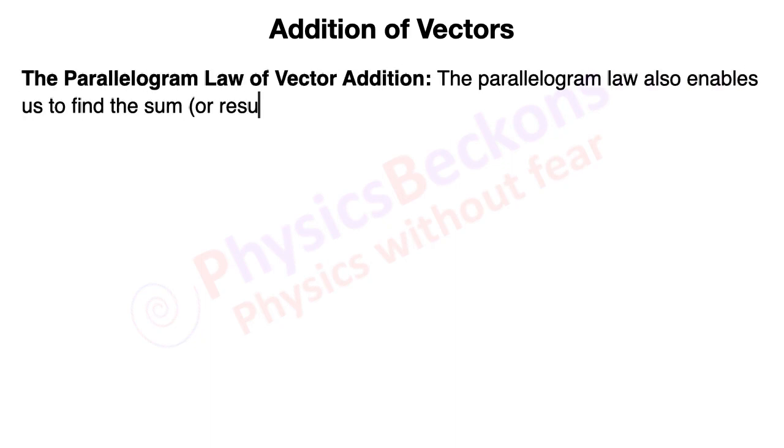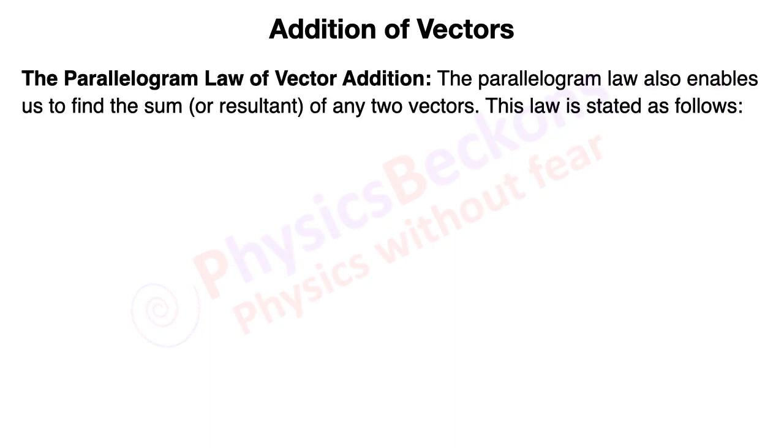The other law is the parallelogram law of vector addition. Clearly, we will be using a parallelogram and not a triangle. The parallelogram law also enables us to find the resultant of any two vectors.